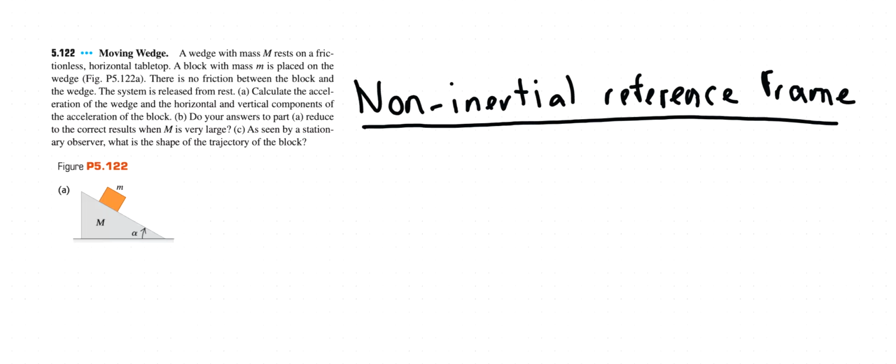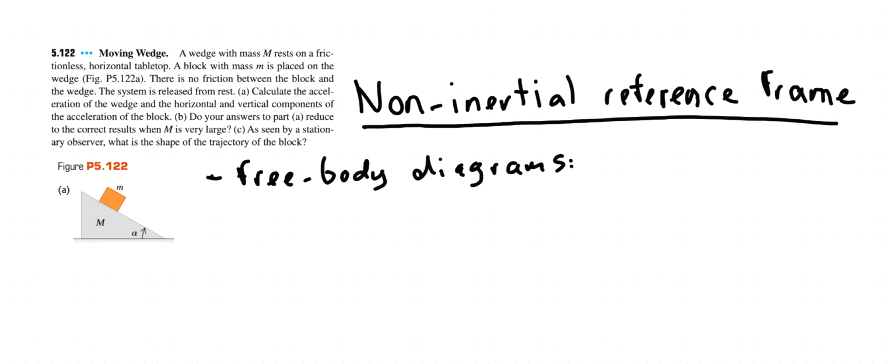The first thing I will do to start the solution is to draw the free body diagrams. We have two objects, so let me designate those objects by their masses. If you take the block, small m, it has two forces acting on it.